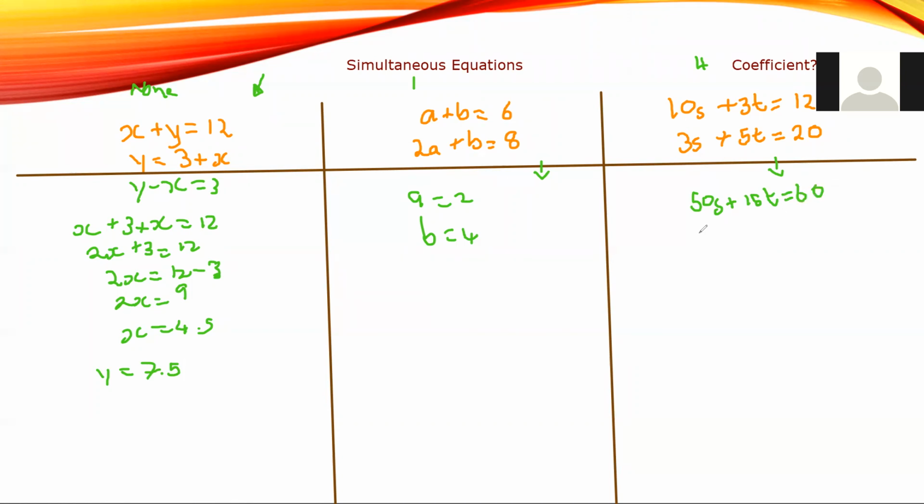And at the bottom it's by 3, so I'll have 9s plus 15t equals 60. Hey, this is a problem. But this is not going to work.